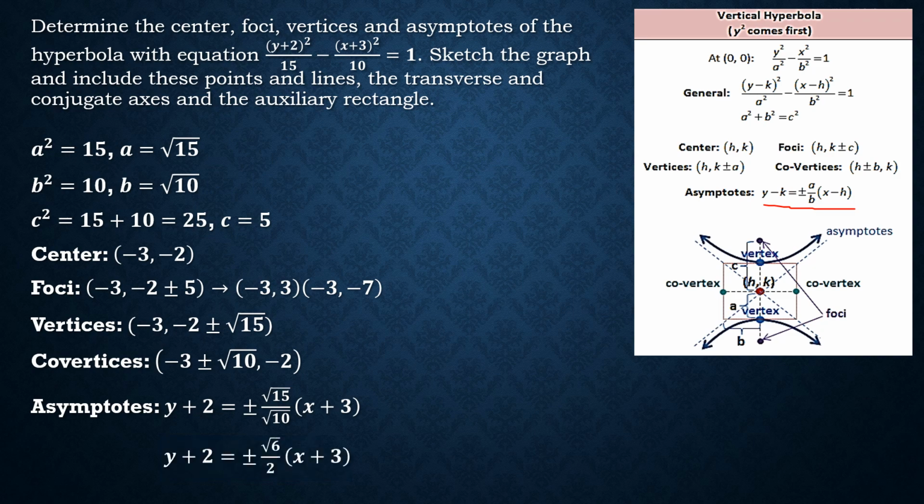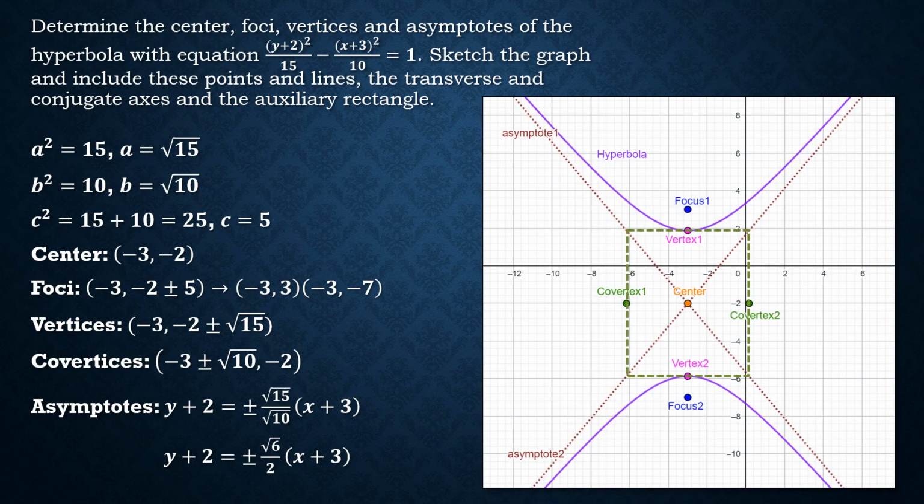So that's positive negative square root of 6 over 2. So that's the asymptotes. I'm going to show you the graph of this hyperbola, this vertical hyperbola. So, the graph is here. It's a vertical hyperbola. And you can also see the auxiliary rectangle.